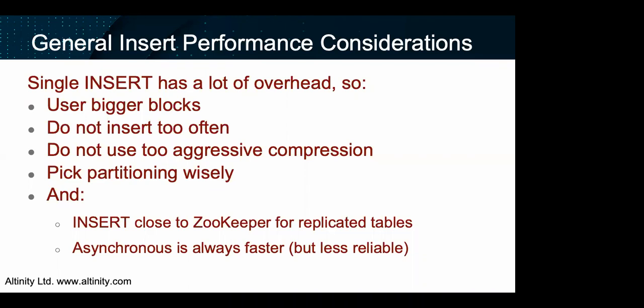ClickHouse will have to apply this compression on inserts and later on merges and queries, and that will slow down your insert performance considerably. In fact, it's possible in ClickHouse to configure layered compression, with less aggressive compression for small parts and more aggressive compression for the bigger parts.